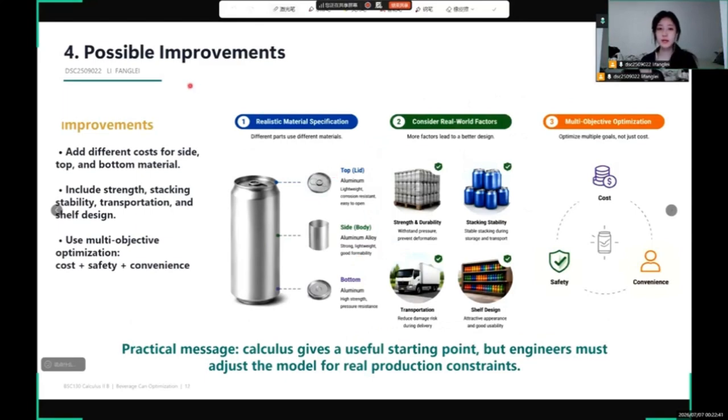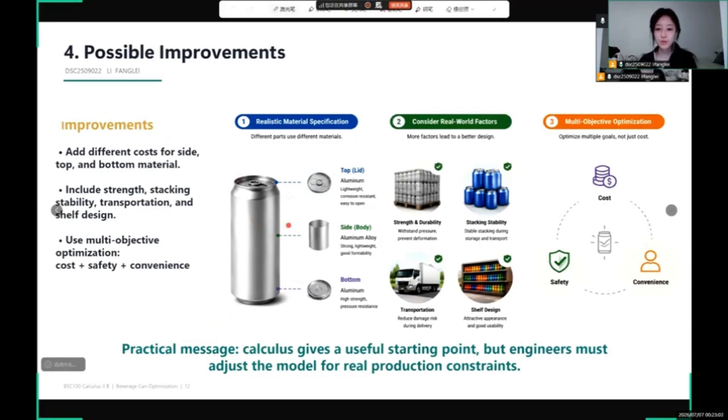Finally, we discuss possible improvements. To make the model more realistic, we can extend it in several ways. For example, we can include different material costs for different parts of the can, such as the top, the bottom, and the curved surface.